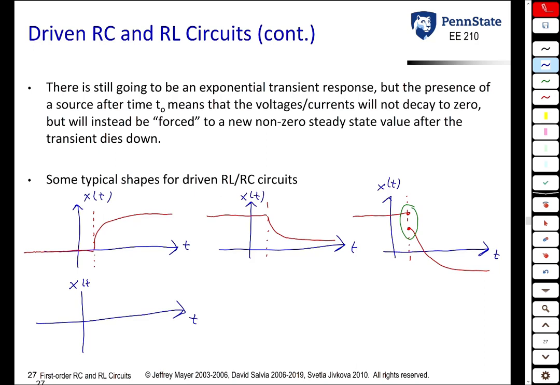You could have a situation where you start off where x of t is negative, and then it immediately jumps to a positive value and maybe even decays to another negative value at infinity.